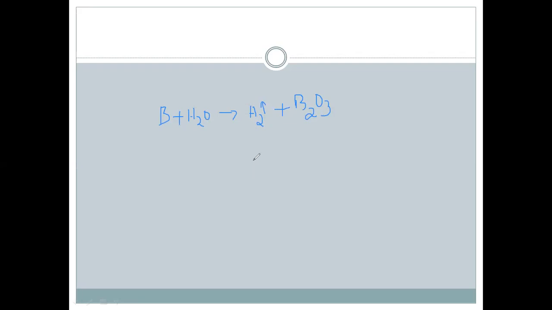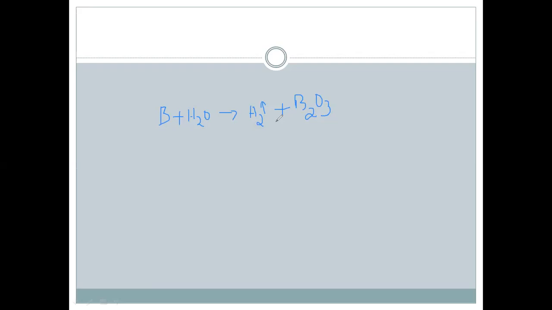Now, reaction with acid. If I treat boron with HNO3, I am going to get NO2 gas. If boron is treated with sulfuric acid, I am going to get sulfur dioxide gas. Sometimes the question can be asked: boron is treated with nitric acid, name the gas evolved. It is NO2 gas. And in sulfuric acid, it is SO2 gas. Now, if boron is treated with sodium hydroxide, hydrogen gas will be liberated.